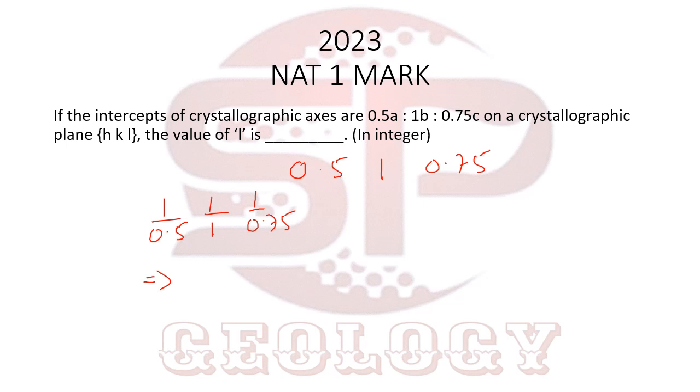So 1 by 0.5 will be 2, then 1, then it will be 4 by 3. To simplify this, we will multiply by 3. So it will be 6, 3, 4. So 6 is H, then K, then L. So L will be 4 here. Answer will be 4.